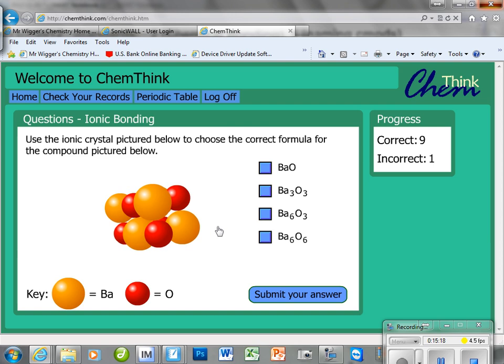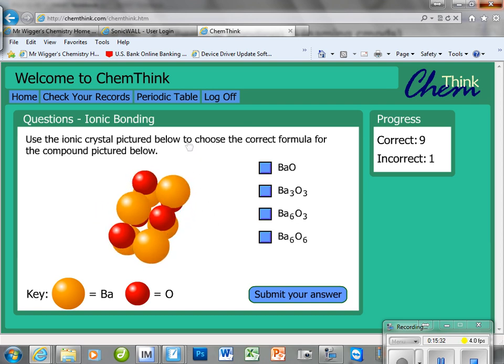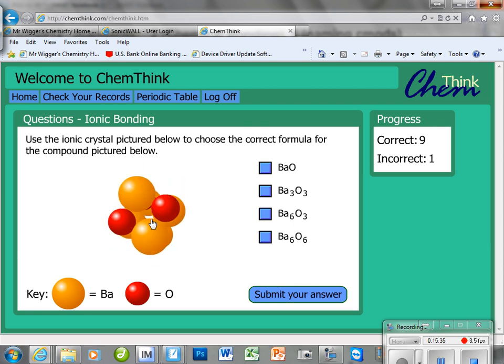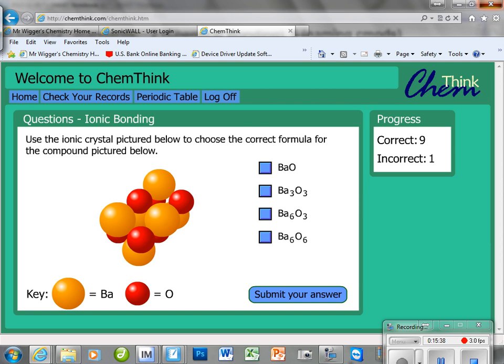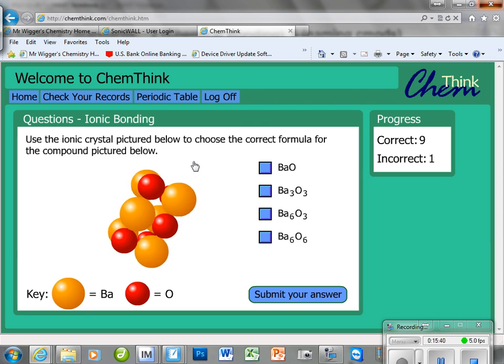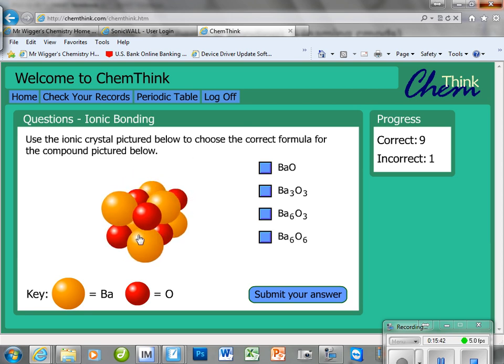As we rotate it, I see 3 on the front, and then I see 3 here that were on the back. Okay, front and back I have 3. So that's 6 of the bariums. And the reds, looks like we've got 3 on this face and 3 on this face. So it looks like 6 and 6.